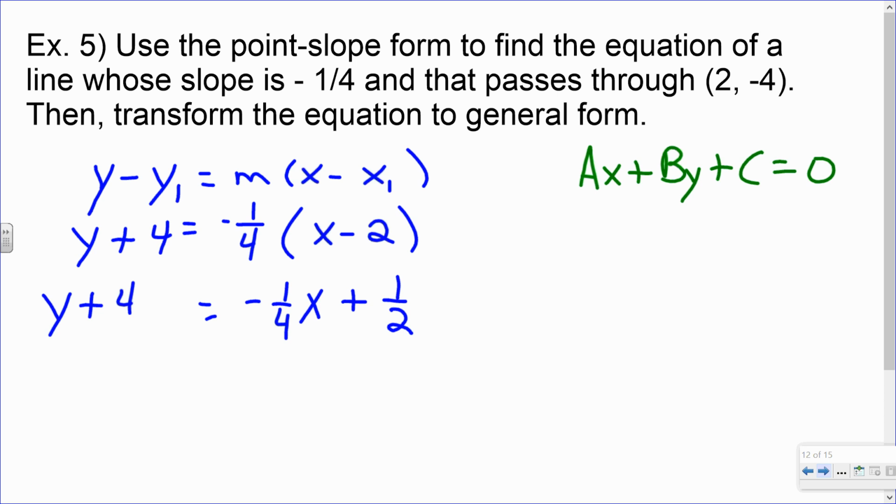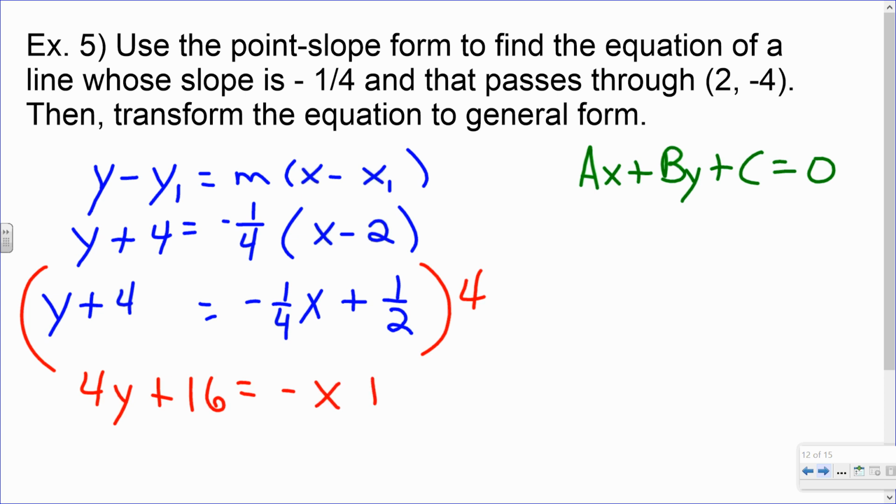So do you want to get rid of the fractions first? How do we get rid of fractions? What do I need to multiply everything by? Least common denominator, so I can multiply by 4. So I have 4y plus 16 equals minus x plus 2. Now let's get everything on the left so that it's all equal to 0.